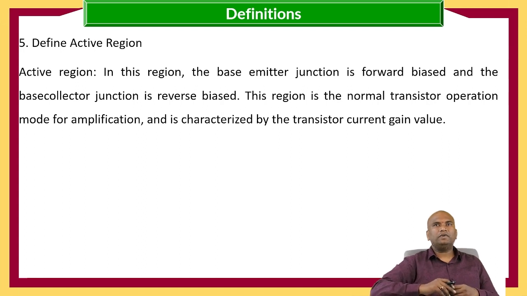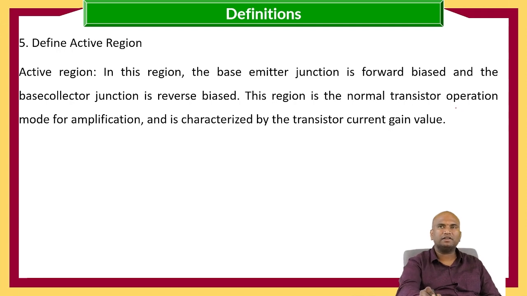So when the base to emitter junction is forward biased and the collector junction is reverse biased, the transistor works in the active region.